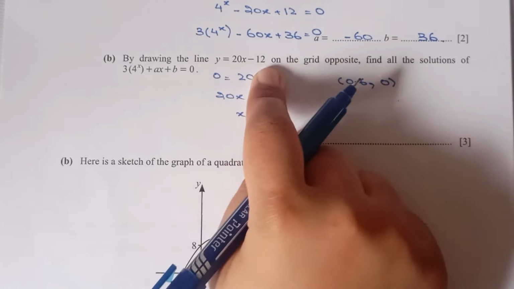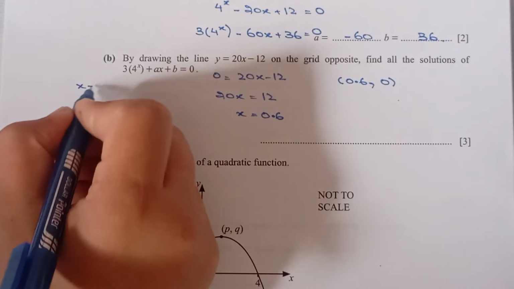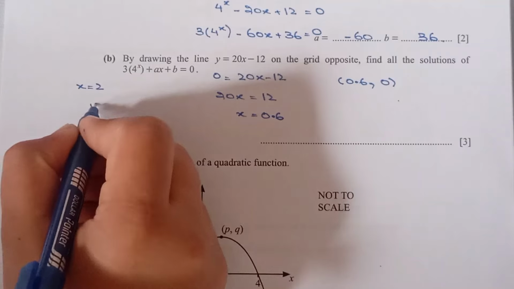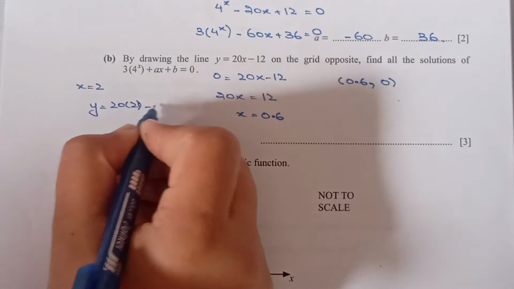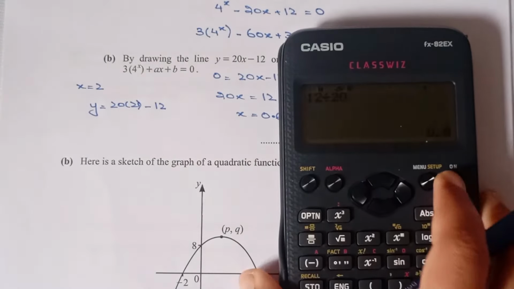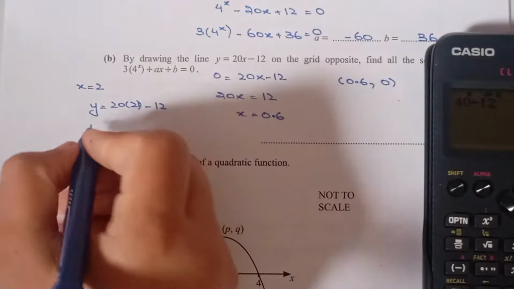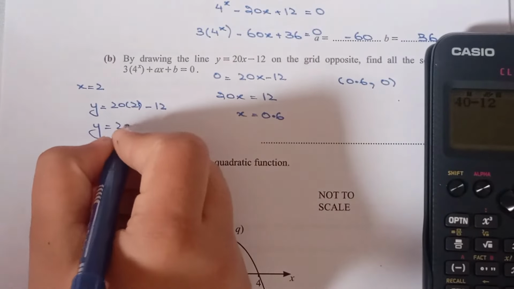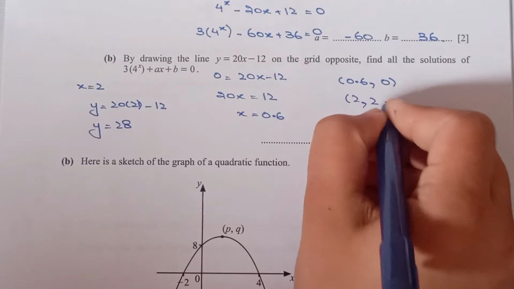So we can take any other point. Let's say we substitute x equals 2. So for x equals 2, y would be equal to 20 times 2 minus 12. 20 times 2 is 40, 40 minus 12 would be 28. Yes, y equals 28 is on the grid. So we have the second point, 2 and 28.